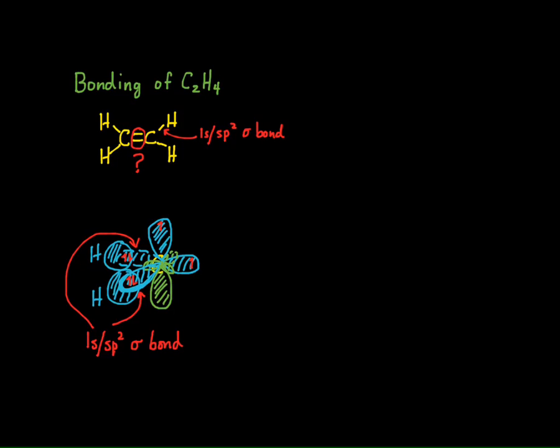Very similar in terms of the shape of the molecular orbital to a 1s-sp3 sigma bond that we saw with methane. All right. So now we have on the other side a carbon. And what does the shape of that carbon look like? How is it bonded to this carbon that we have represented that has now the two hydrogens?